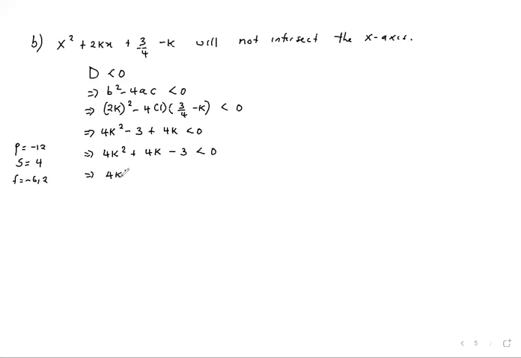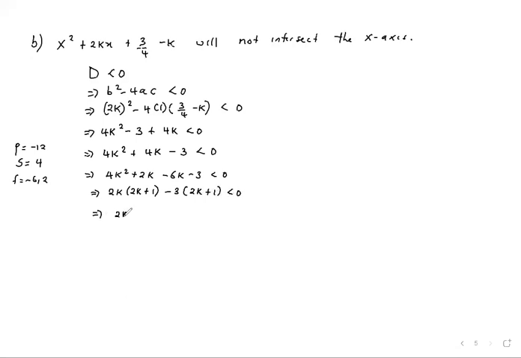So 4k squared plus 2k minus 6k minus 3 should be less than 0, giving us 2k plus 1 and 2k minus 3 less than 0.